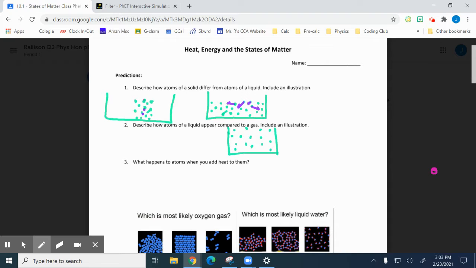I wish I had a finer tip, but this recording software doesn't. So in a liquid, some molecules are going to have a little energy, some a lot of energy. Temperature is the average kinetic energy of all the molecules. In evaporation, and this is just a side thing, when a high energy molecule hits the surface of the water with enough energy, it breaks off and floats away.